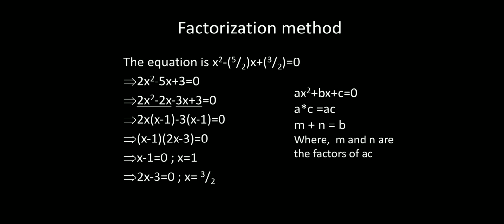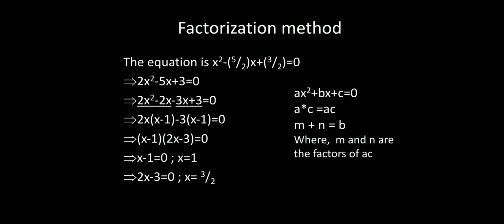So in the equation you can see a is 2 and c is 3. So 2 into 3 gives you 6. The factors of ac which add up or subtract to give you 5 are 2 and 3 itself. So I have written 2x square minus 2x minus 3x plus 3 equals 0. 2x square minus 2x is grouped together and minus 3x plus 3 is grouped together, and then the common things are taken out.